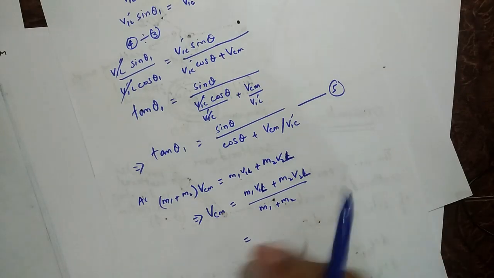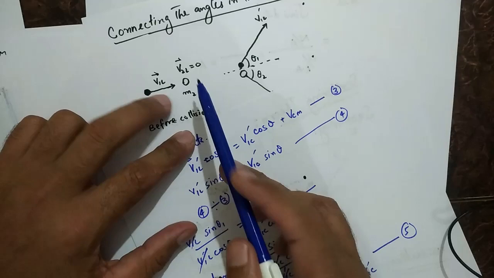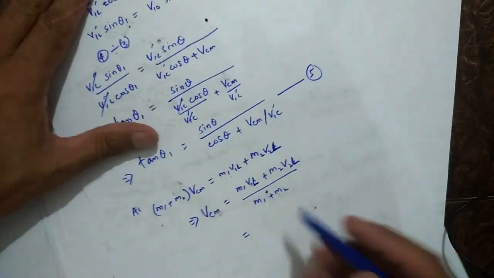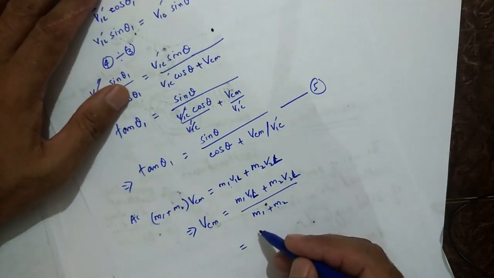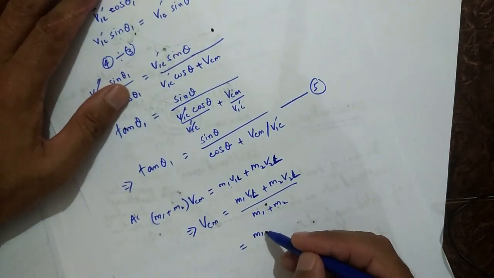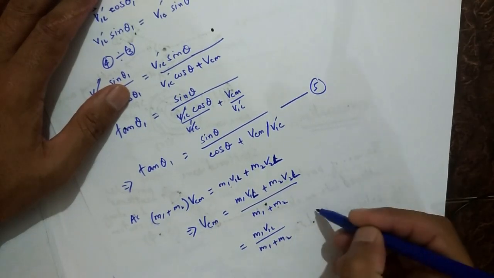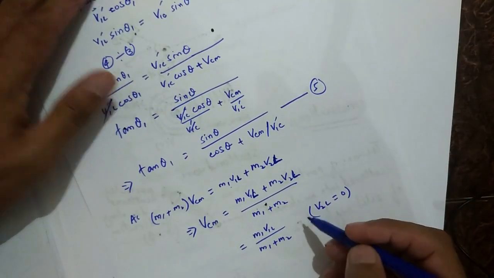So we assumed that the velocity of the second particle in the lab reference frame is 0. Since v2L is 0, this will be m1 v1L upon m1 plus m2, because v2L is equal to 0.